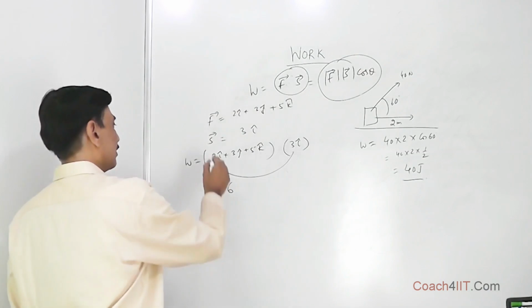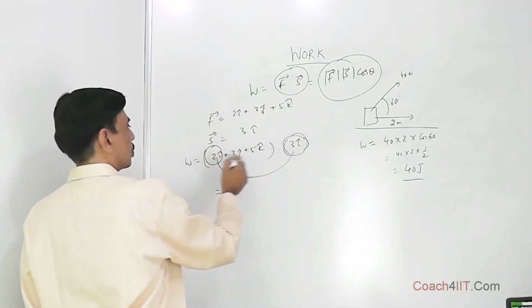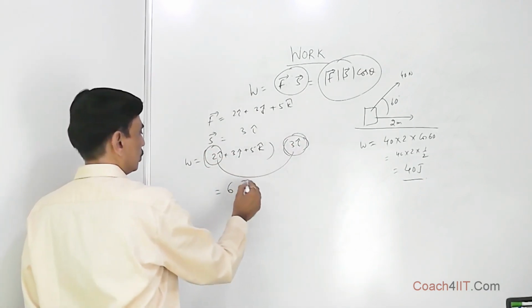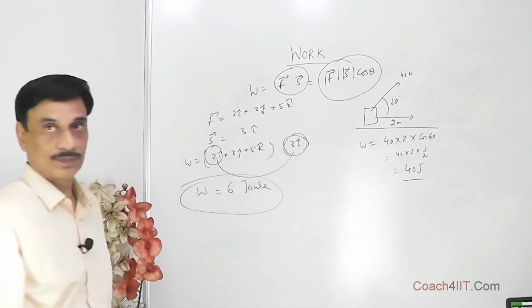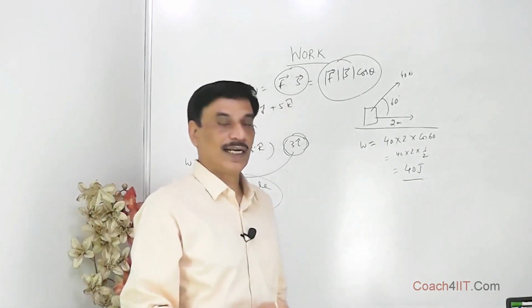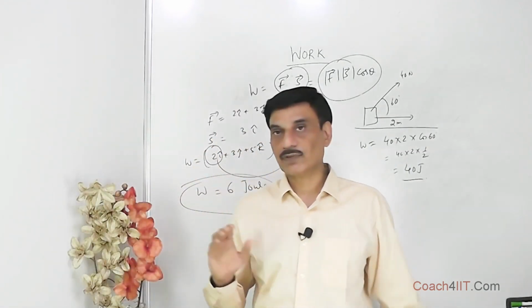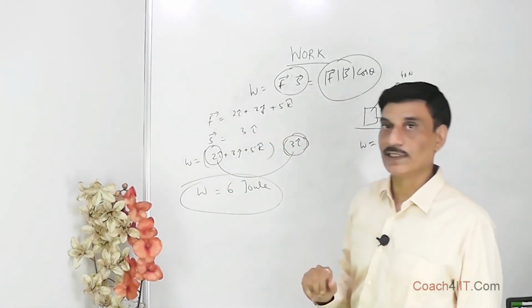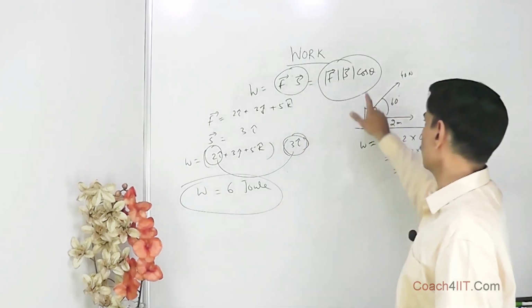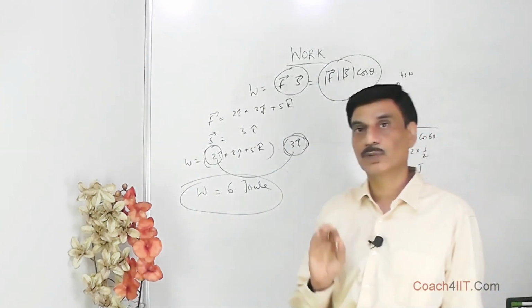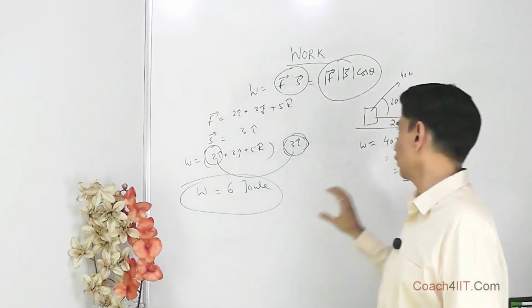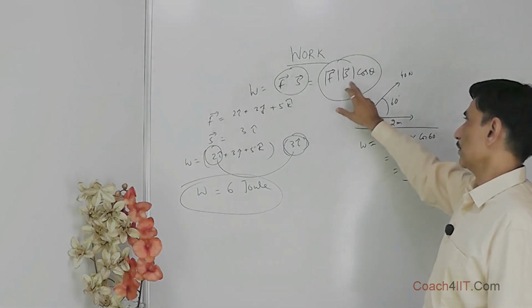So just multiply i with i, that is 2i dot 3i, that is 6 joule is the answer. So work in this case is 6 joule. When the force and displacement are given as vectors, use F dot S. When the magnitude of force, the displacement, and the smaller angle theta between the two are given, then directly use magnitude of F, magnitude of S into cos theta.